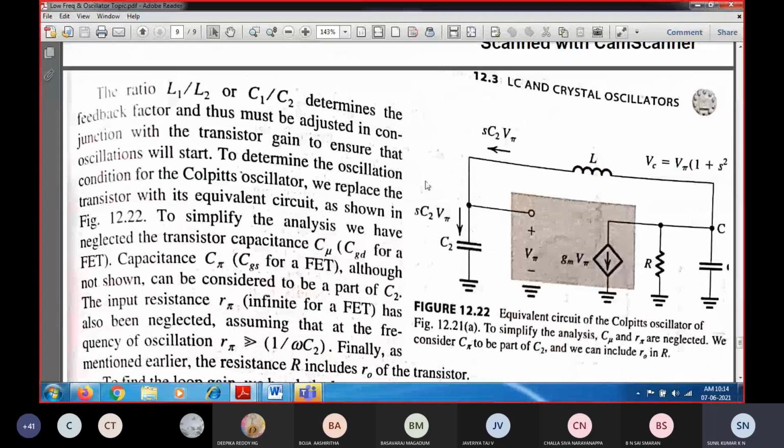For that we have generalized the AC equivalent circuit of the transistor, wherein we have neglected the two capacitances, r pi as well as C mu, and we have analyzed the circuit.